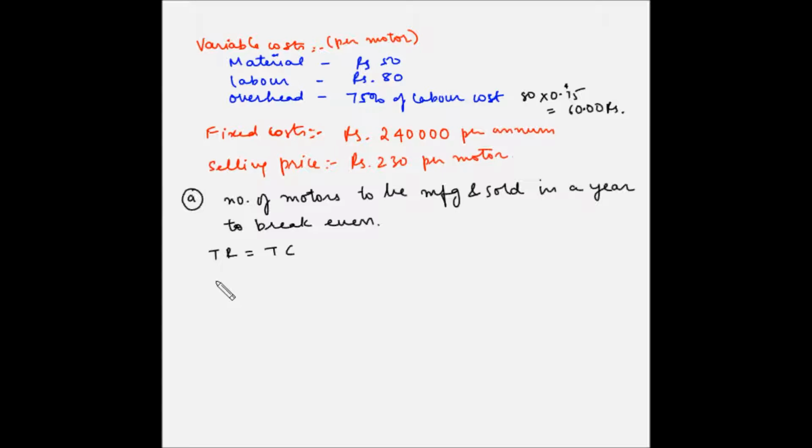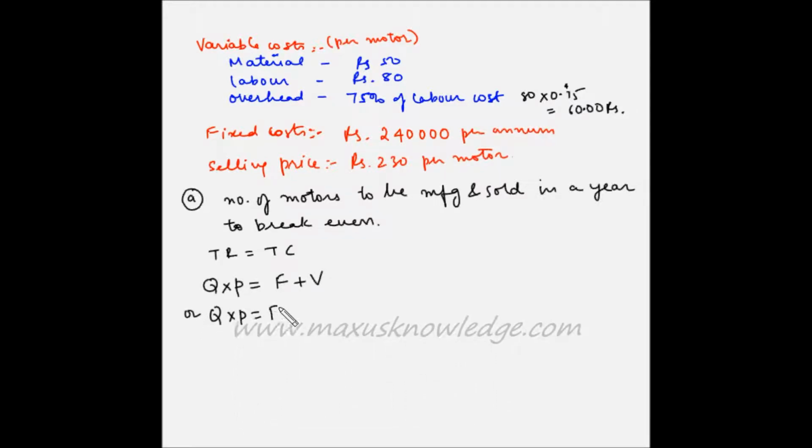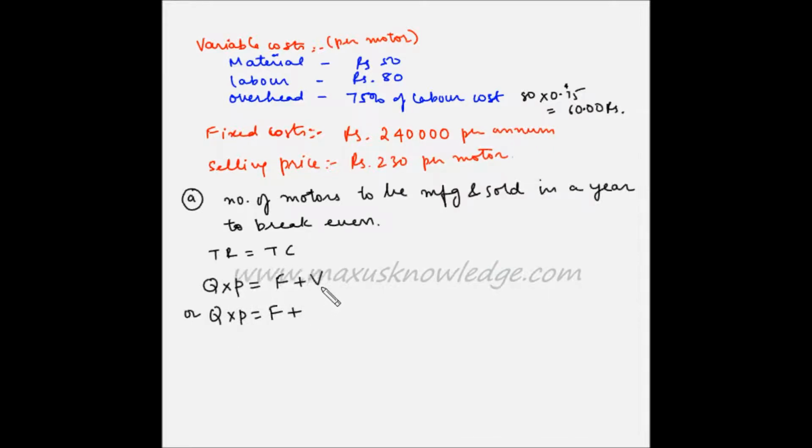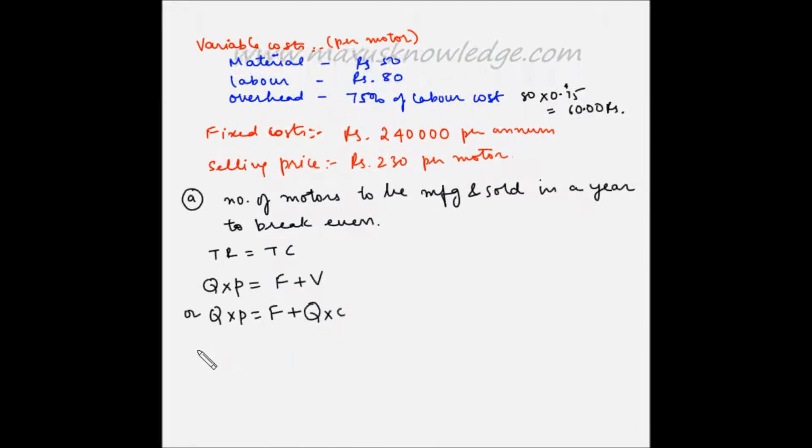Total revenue is nothing but the number of units sold, which is Q, multiplied by the unit selling price, which is P. Total cost is the addition of the fixed cost and the variable cost. So Q multiplied by P is equal to F plus, now the variable cost can be expressed as the number of units sold multiplied by the unit variable cost.